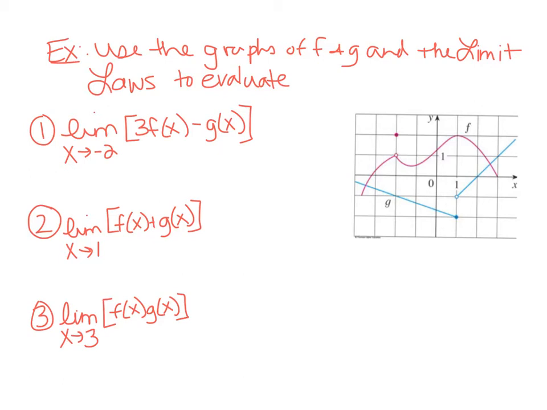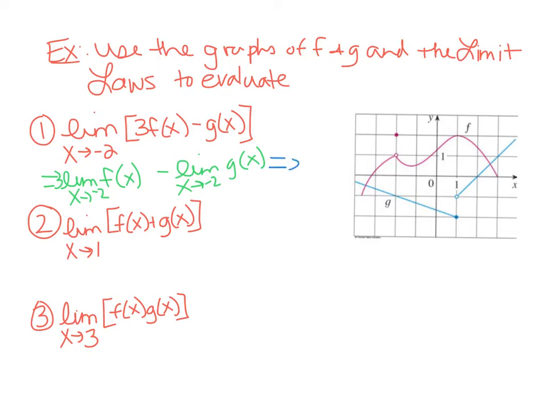So for number 1, we can rewrite this as, I'm actually going to put the 3 out front, 3 times the limit of f of x as x approaches negative 2 minus the limit of g of x as x approaches negative 2.